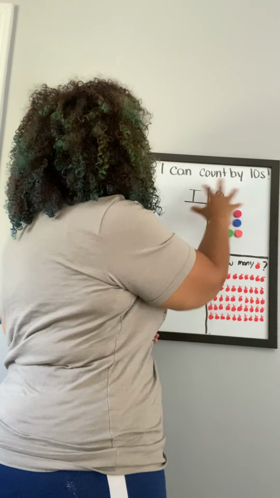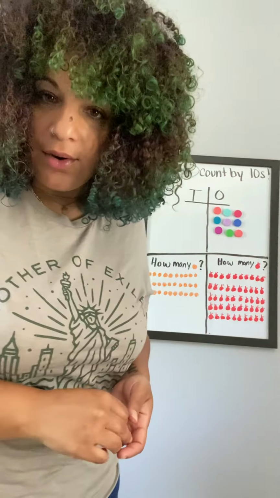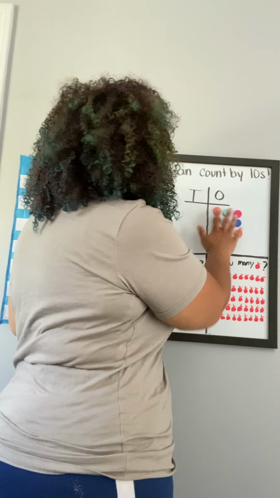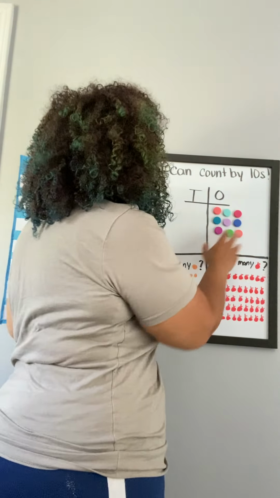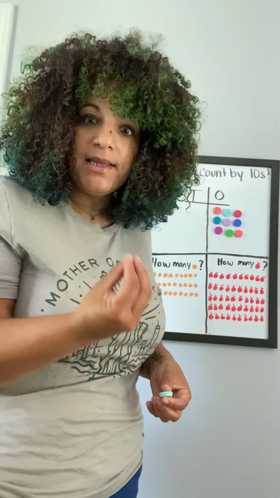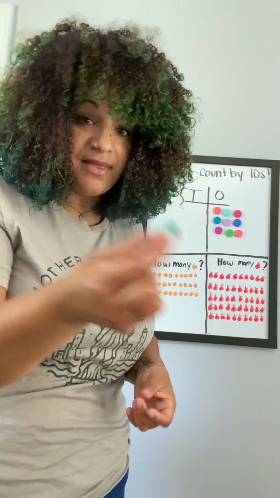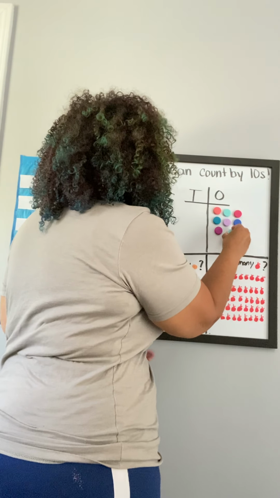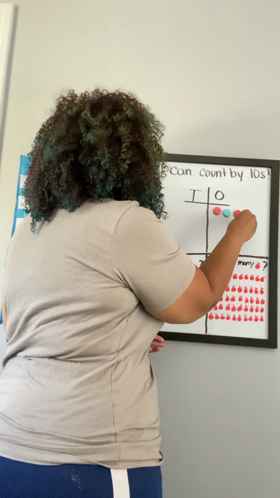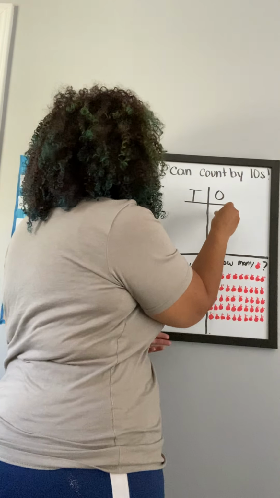And so these little dots here represent ones. And these ones, when you get to a 10, suddenly bundle together. And I'm going to show you that now. Here's my 10th dot. And you'll see that once I get to 10, they have now bundled. And now they are a group of 10.